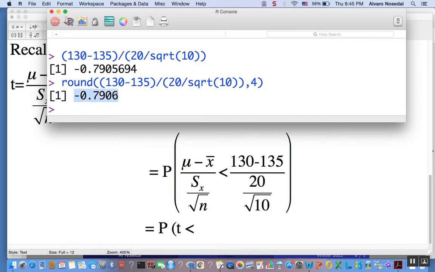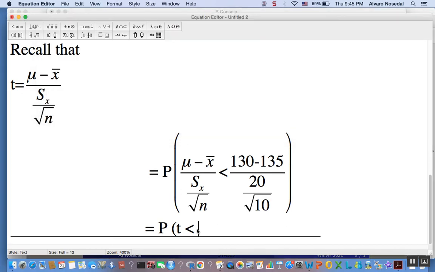Okay, so the event that we had in mind at first, the probability that our parameter mu was less than 130 miles, is equivalent to just having the probability that a t with how many degrees of freedom, right?